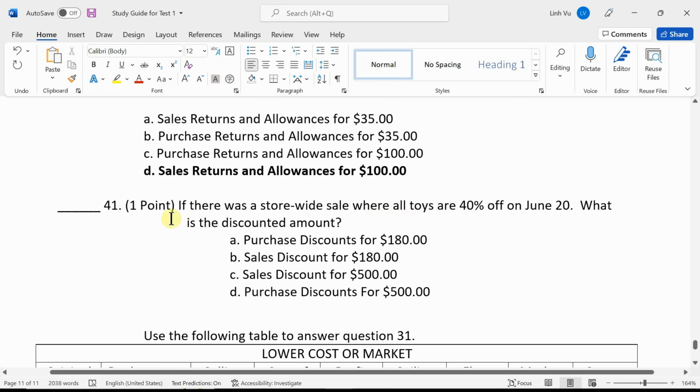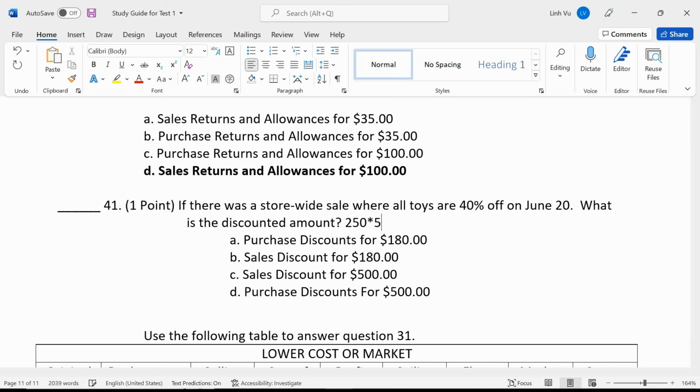Okay. So we sold 250 toys at $5 each. The total is $1,250.